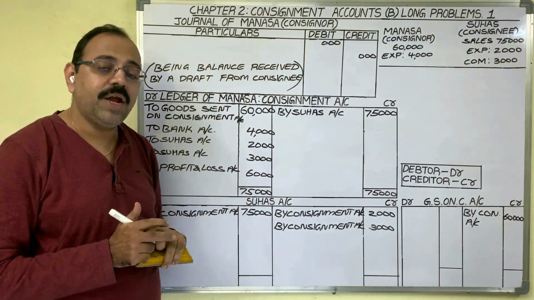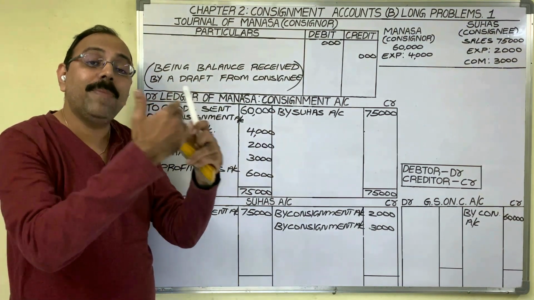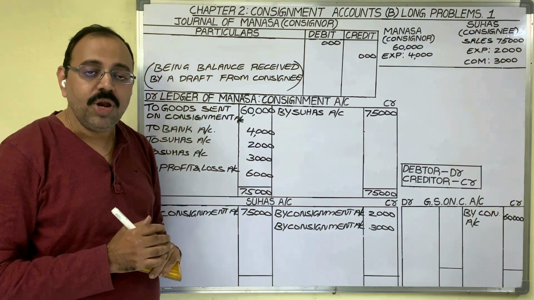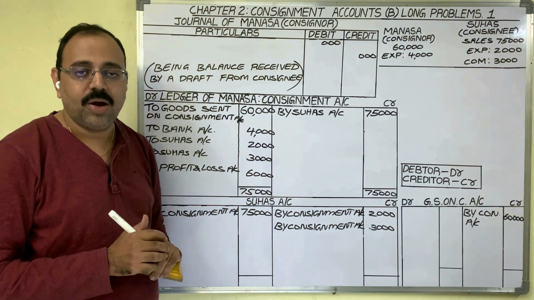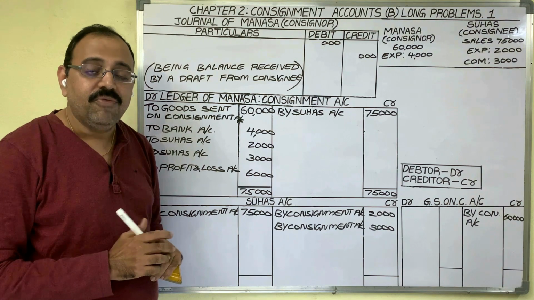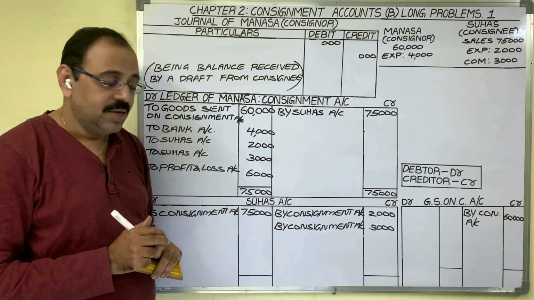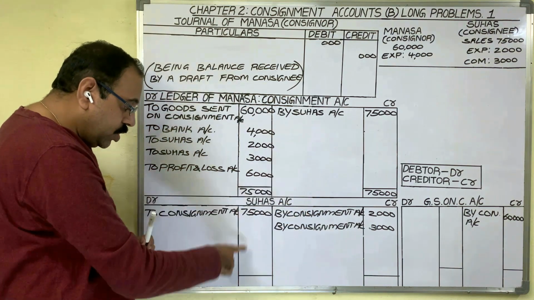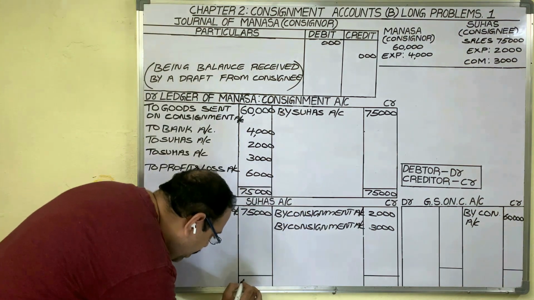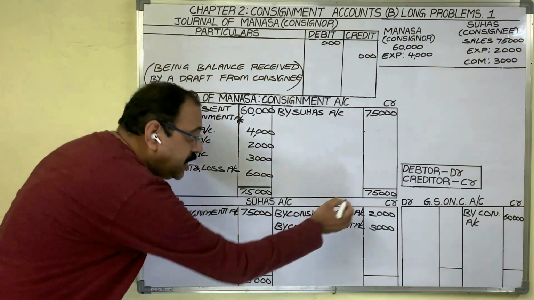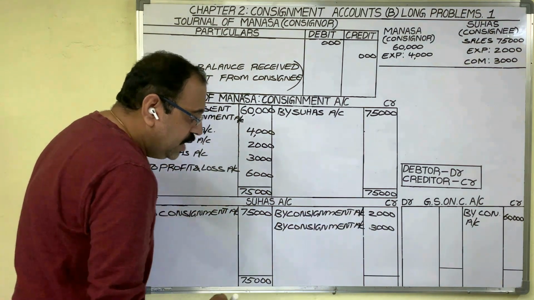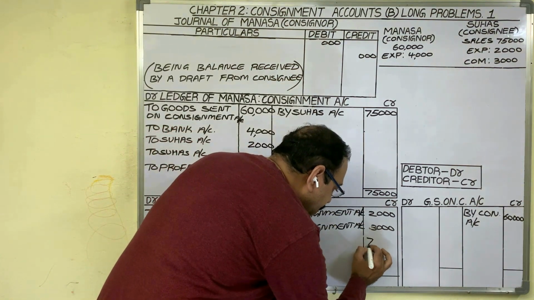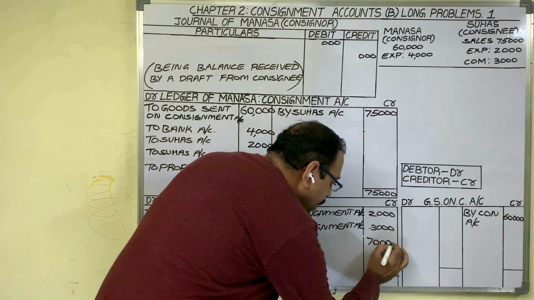And how did he pay that amount? He sent a bank draft for that. Therefore, we should write bank account. Which side? Which side total is less? Credit side total is less by 5,000. So, put the debit total 75,000 minus 5,000. Then the difference, 70,000, you have to write on the credit side.